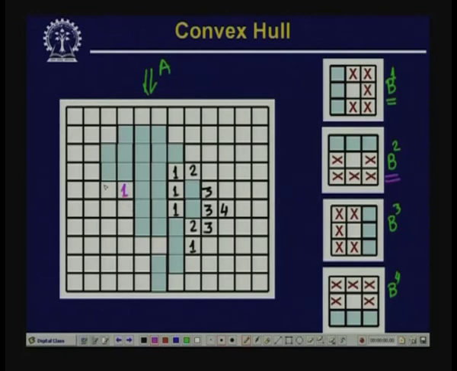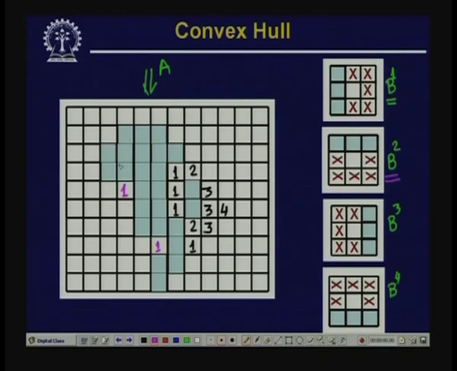So, this is the point which is going to be filled up at the end of the first iteration. This is also a point which will be filled up at the end of the first iteration. And if I do subsequent iterations on this point set, you find that I cannot fill up any other point.